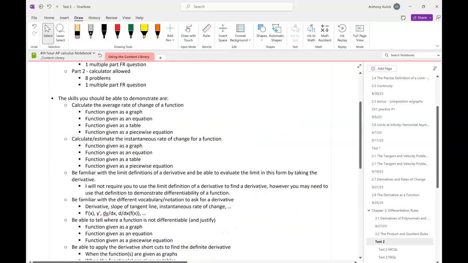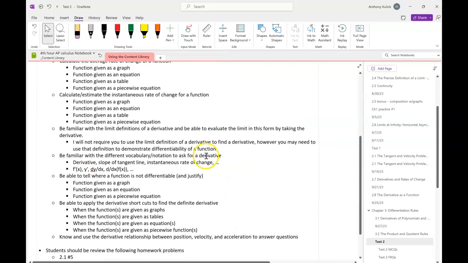One thing that I would say here, though, if I look at all these skills, one thing I want to point out is right here. I will not require you to use the limit definition of a derivative to find a derivative.